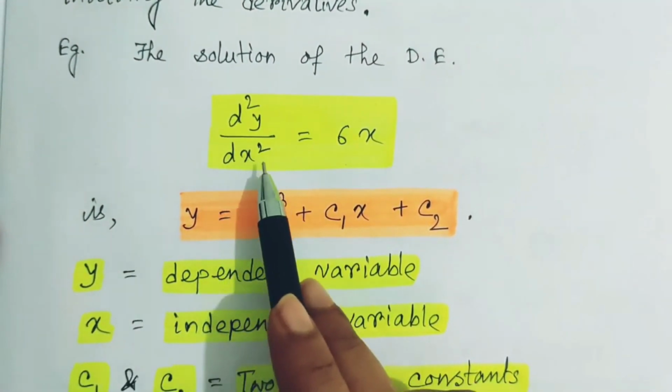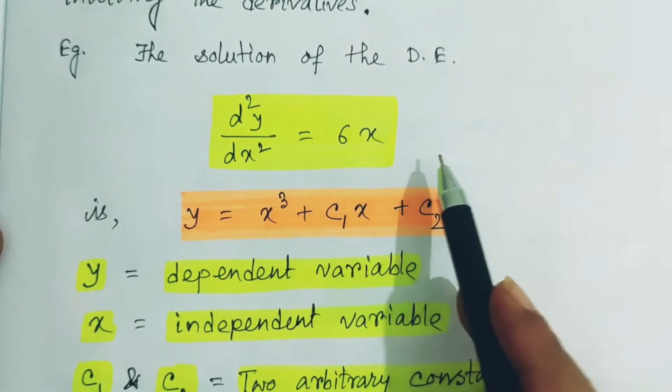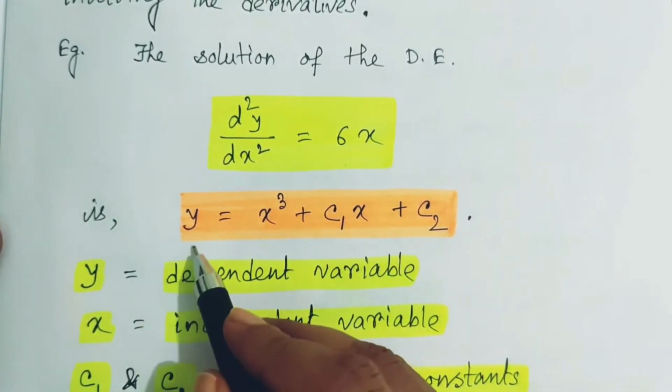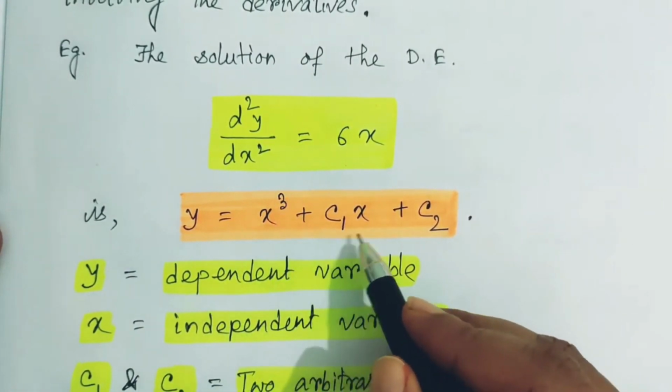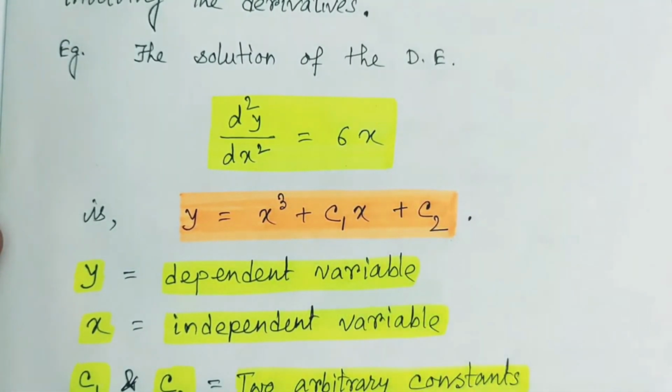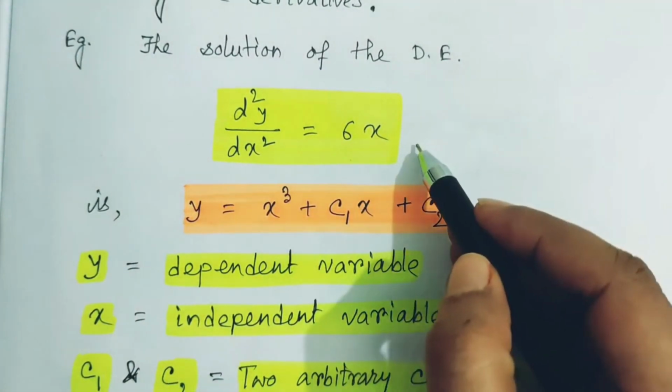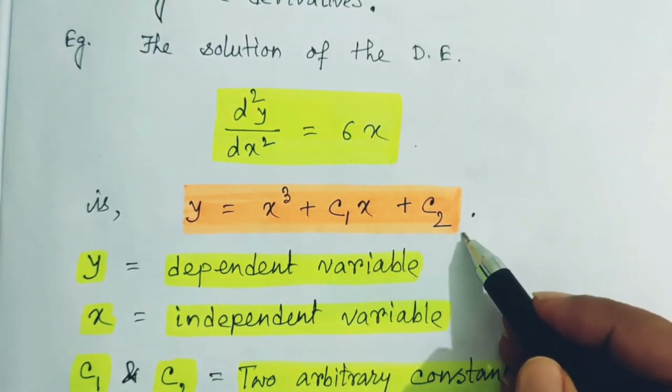Let d square y by dx square is equal to 6x. This one is your given differential equation. Its solution is y is equal to x cube plus c1 x plus c2. How we shall find this, we have the upcoming videos for that, but right now just think that this is the solution for this differential equation.